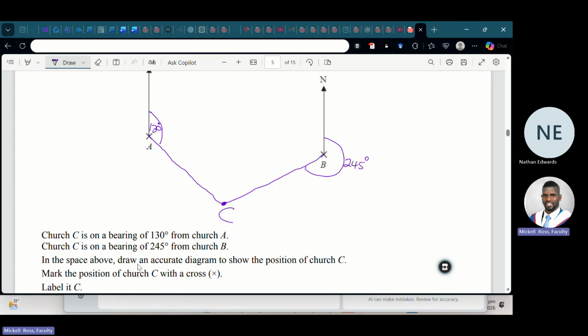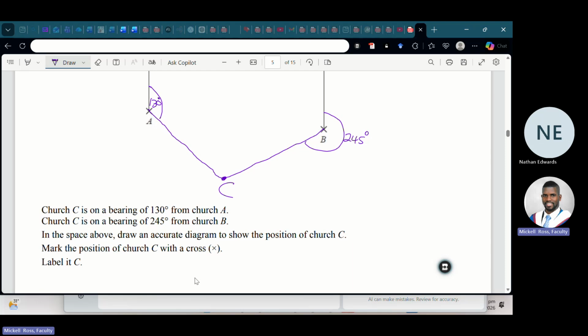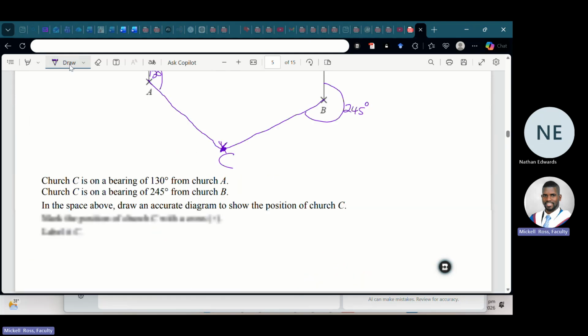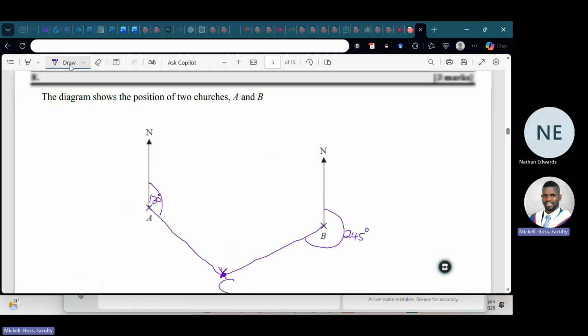In the space above, draw an accurate diagram to show the position of church C. Mark the position of church C with an X, label it C. That's it, no calculation.